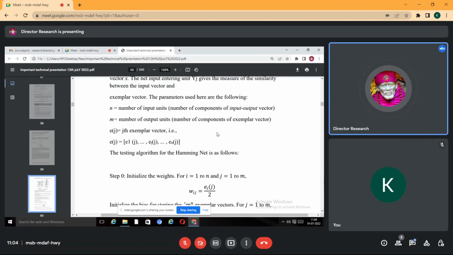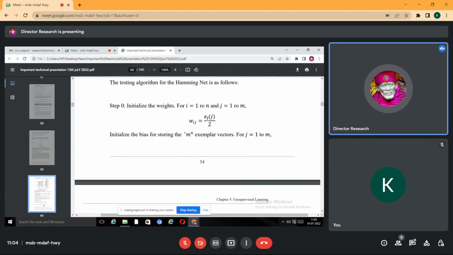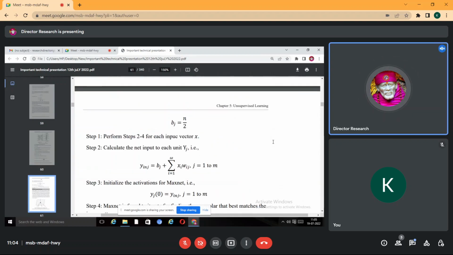The testing algorithm for the Hamming net is as follows. Step 0: initialize the weights for i = 1 to n, j = 1 to m, w_ij = e_i(j)/2. Initialize the bias for the m exemplar vectors, for j = 1 to m. These are all the steps of the algorithm, because we want to learn the algorithm perfectly.